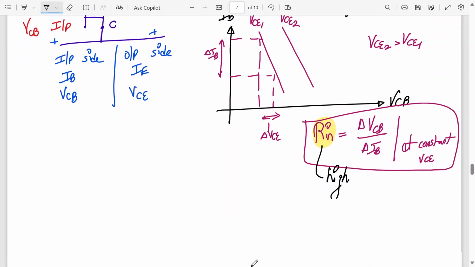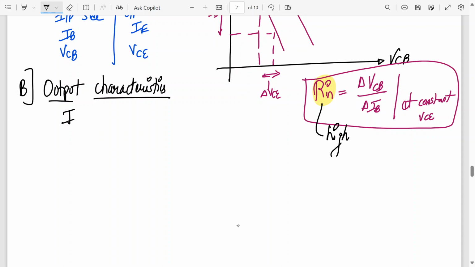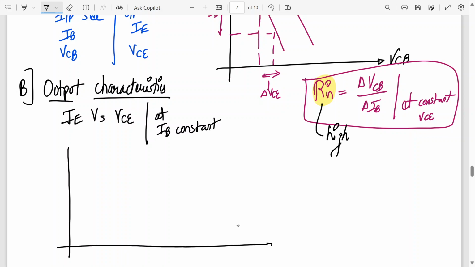Can I go to the output characteristics now? Last one for the day. Output characteristics. It's a graph of output current IE versus output voltage VCE at a constant input current, IB constant. This is similar to the output characteristics of the common emitter configuration.